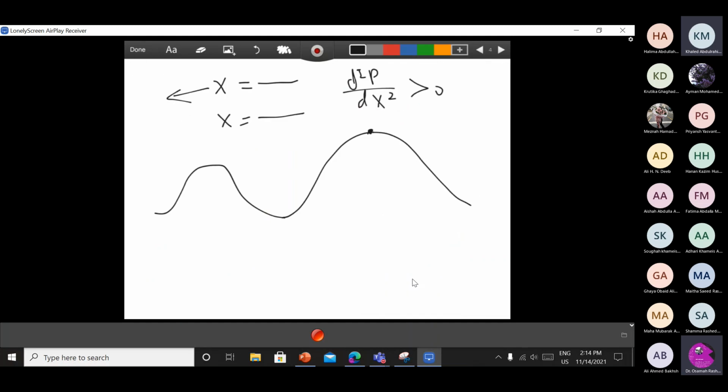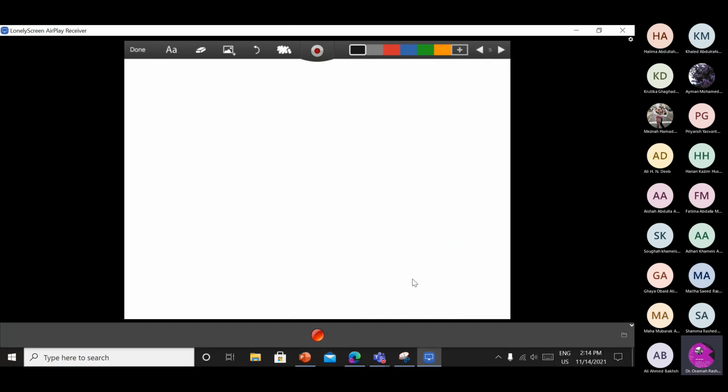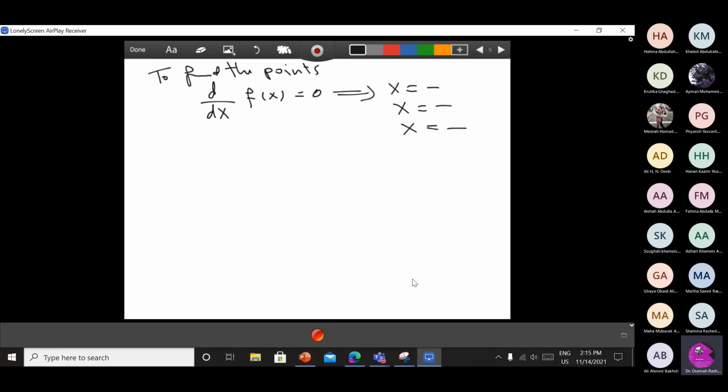But anyway, you follow the steps. First of all, you find the first derivative of your function, put it equal to 0, solve it, and have the values of x, whether you have 1 or more, or 3, whatever. To check the points, you should have the second derivative of your function.